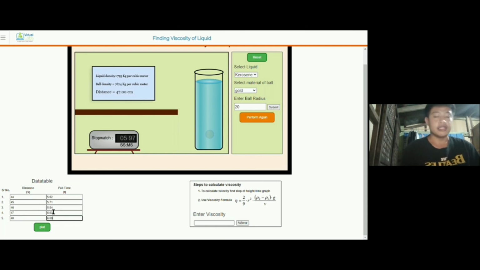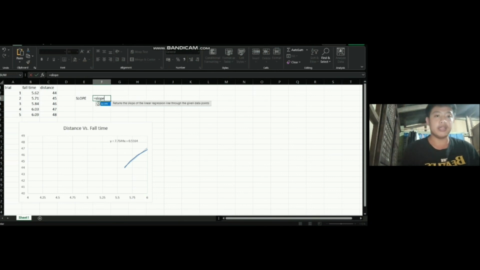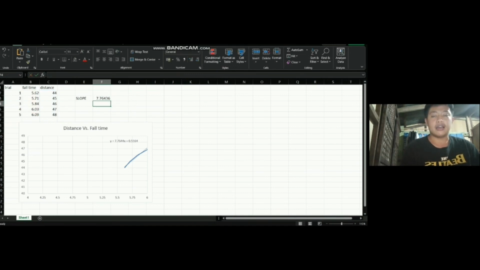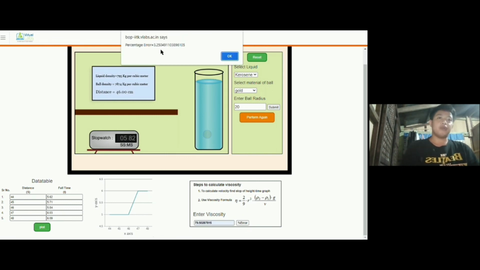The same data is tabulated onto an Excel sheet where the slope is obtained for the viscosity. After getting the slope, a graph that shows the relationship between the points is also displayed. Lastly, the computed viscosity is entered into the percentage error box where the percentage error is then computed.